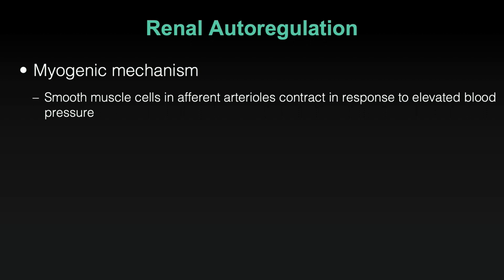So the first branch, the myogenic mechanism, relies on stretch of the afferent arterioles. A lot like baroreceptors, detected stretch and regulated blood pressure in the carotid arteries or the arch of the aorta. There are stretch sensors in the afferent arterioles.